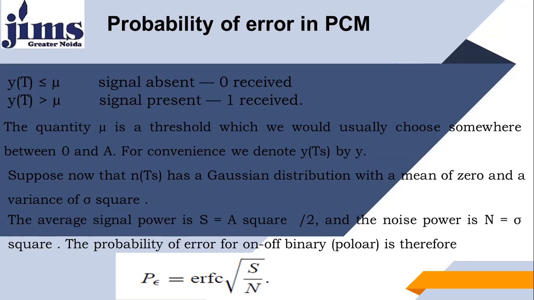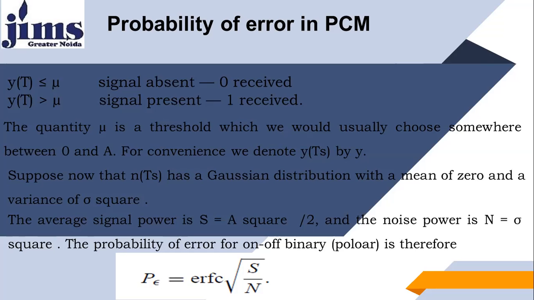Either eliminate noise: when you minimize noise, the noise power decreases, so the overall S by N increases. When overall S by N increases, because of this error function, probability of error decreases, right?